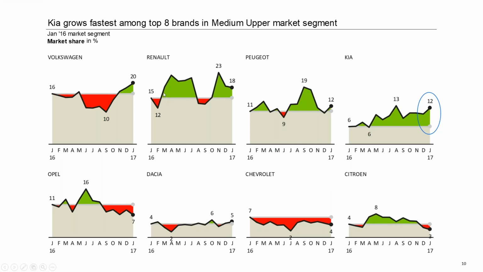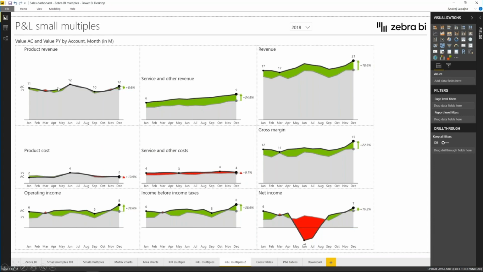Then the next thing would be, you have one KPI, but in the chart you provide the comparison. So you have the actual versus previous year here. You have the values, but then you compare the value to previous years, so you start combining the charts.